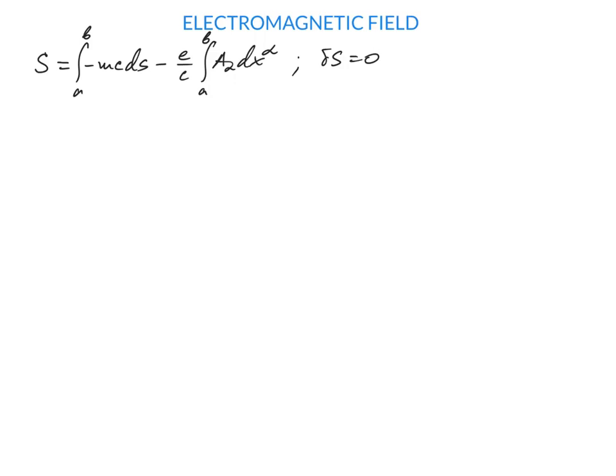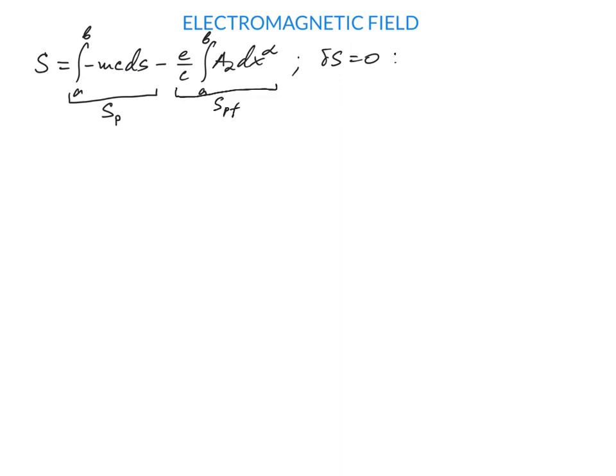To better keep track of things, let's call this first term S_p, which would stand for the action for the particles, and the second term S_pf for the interaction of particles with the fields. So we have already varied the first term.